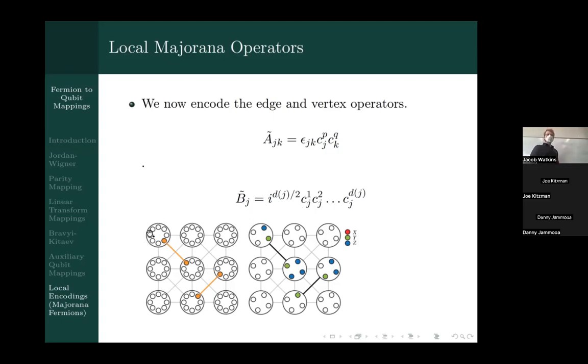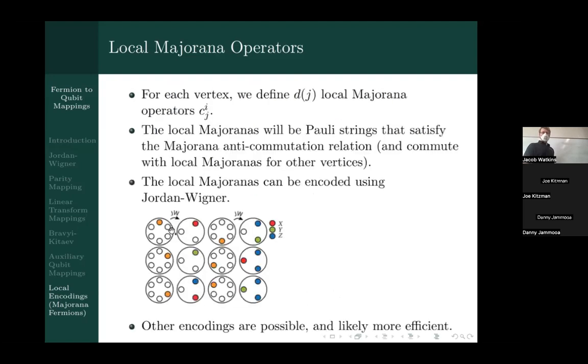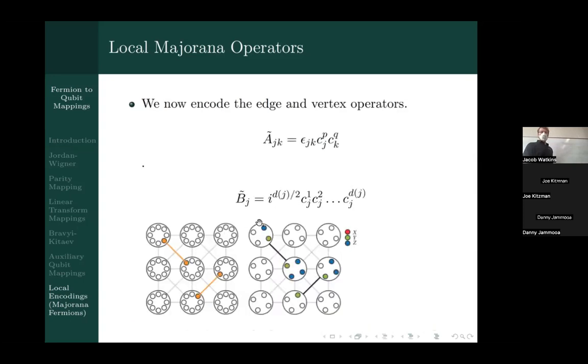Each big circle represents one of the vertices of our graph, and then we can see the edges connecting them. The little circles on the left side are the local Majoranas on each vertex, and on the right side, we have the qubits.